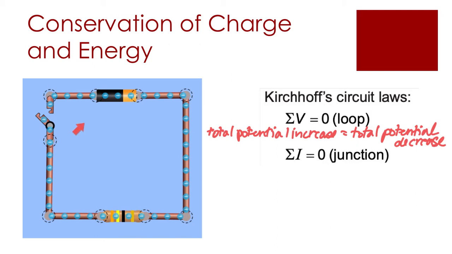So what do I mean by total potential increase? Well, if I look at my circuit here, I have a cell. So that is going to add potential energy to my electrons, electric potential energy that is. And as it goes through my circuit, when it goes here to the resistor, that electric potential is going to be changed into heat energy or light energy or something in my load.